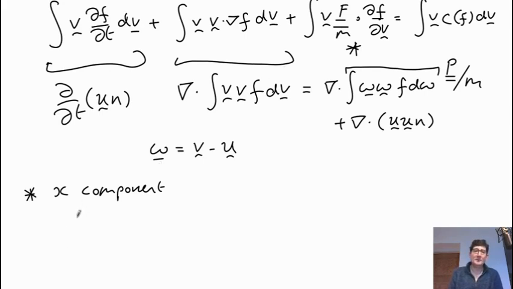And so I can just write this out. It's going to be a bit long to start with, but it will get shorter. So we have the velocity in the x component from this, and then this is a dot product.